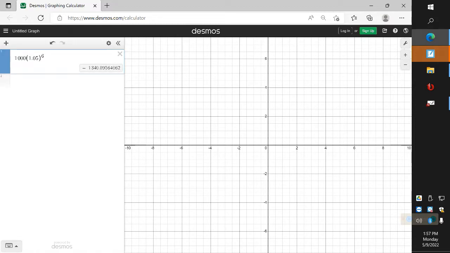Was it 6? And did that for the how much money is in that account? $1,340. And 95 cents. No. And 10 cents. You have to round to the hundredths place.